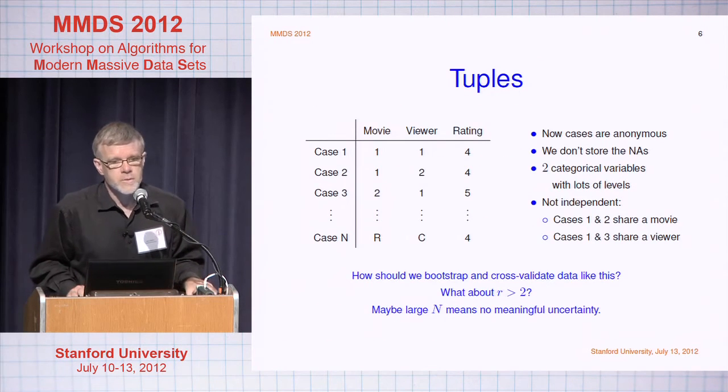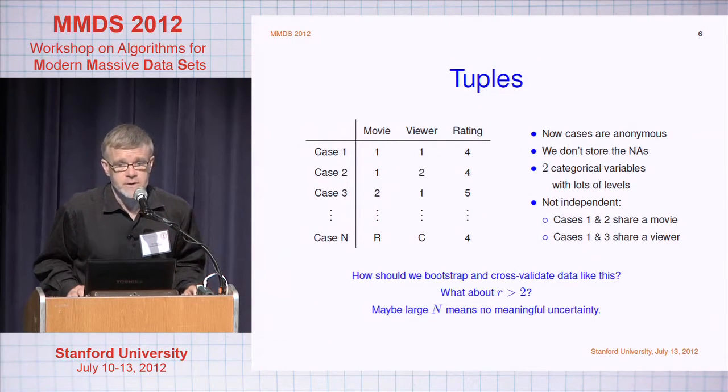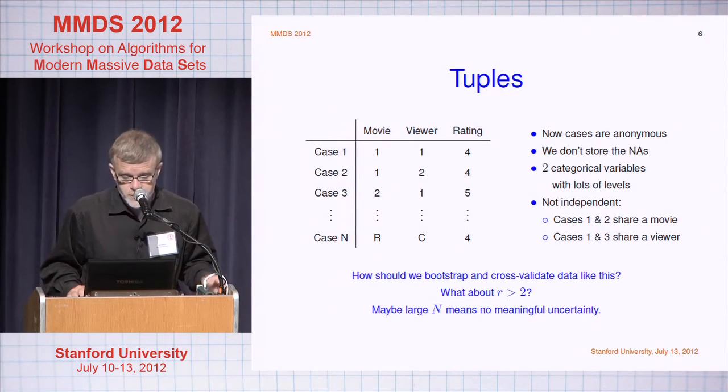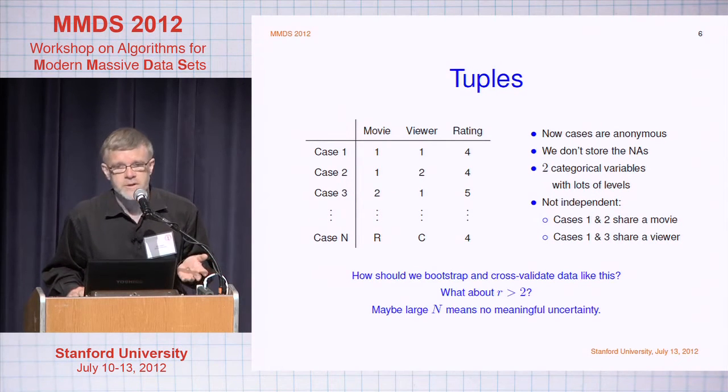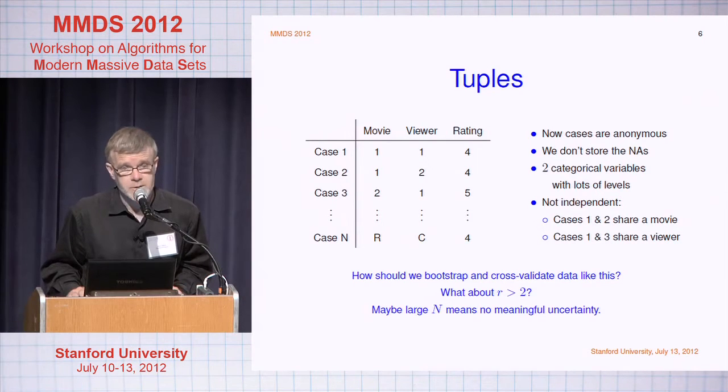Okay. We can, in fact, rearrange this data to be just anonymous rows. What we could do is turn it into tuples. So case 1 has this movie, that viewer, and such a rating. Now the cases are anonymous, except the rows aren't independent anymore.